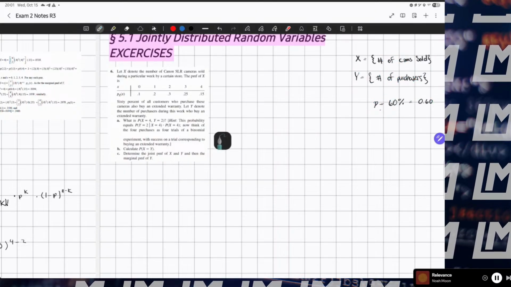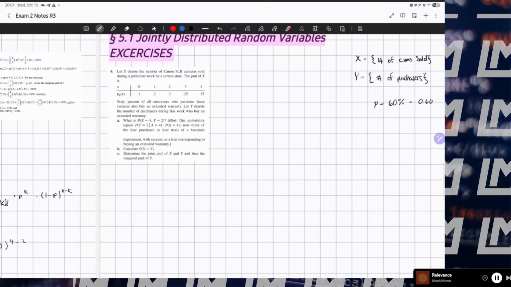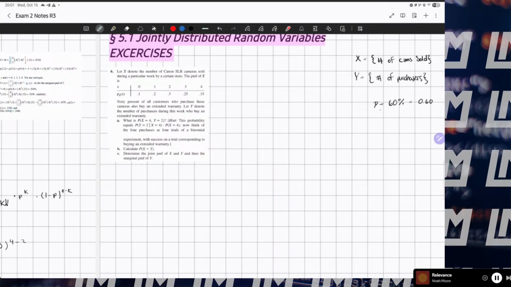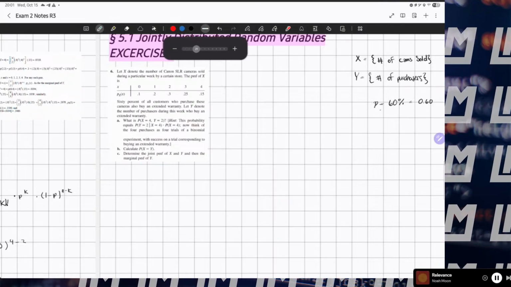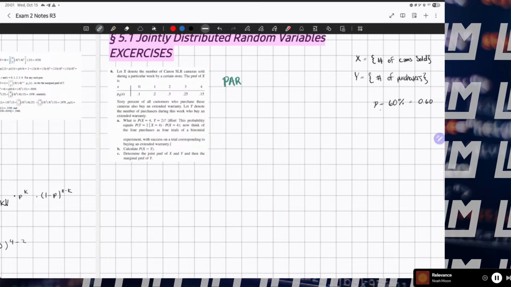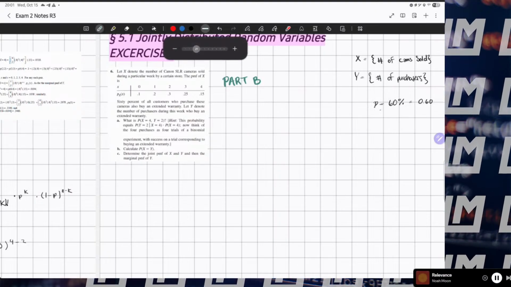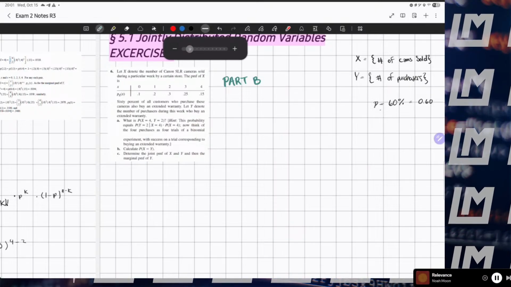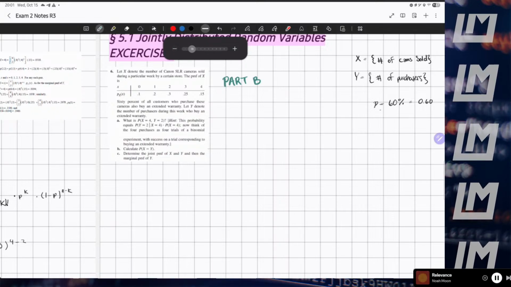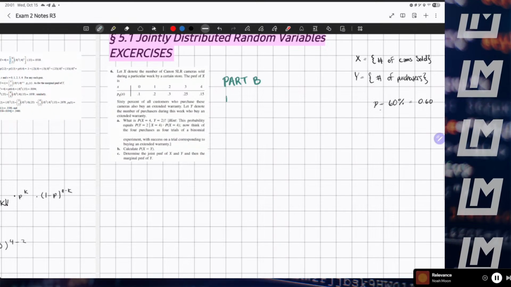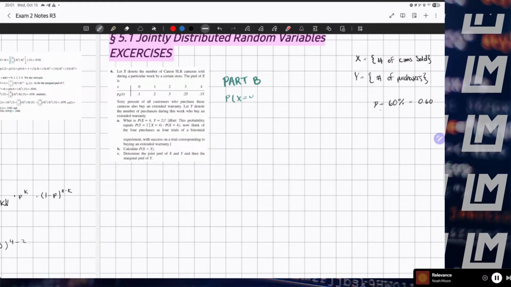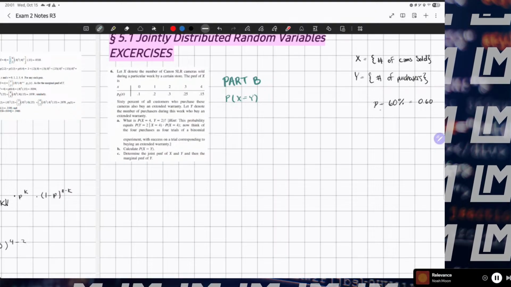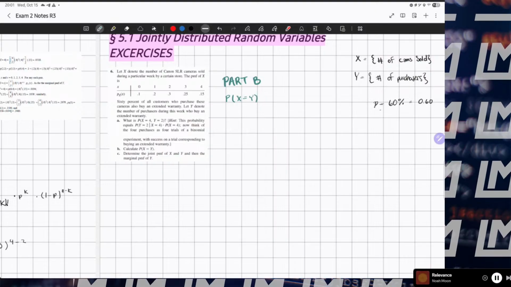Start another color. So B is calculating P of X equals Y. So part B is going to be calculating, should probably just write it bigger, the probability of X equals Y. So the definition of the binomial property, right?